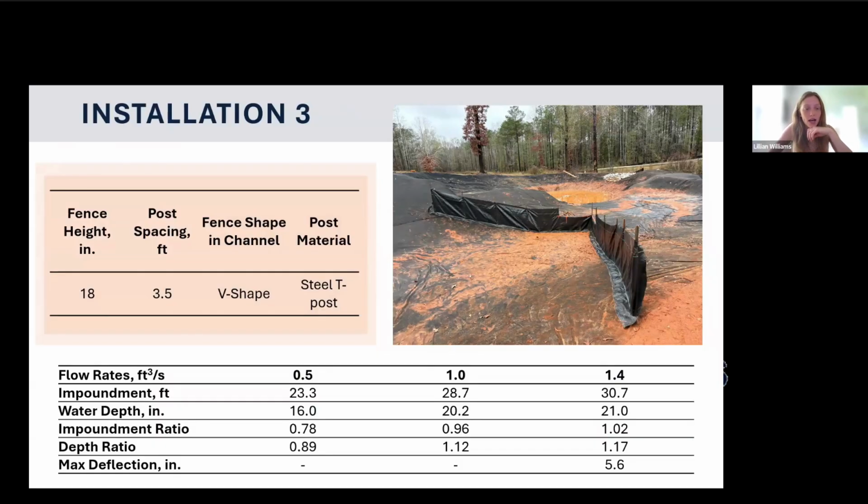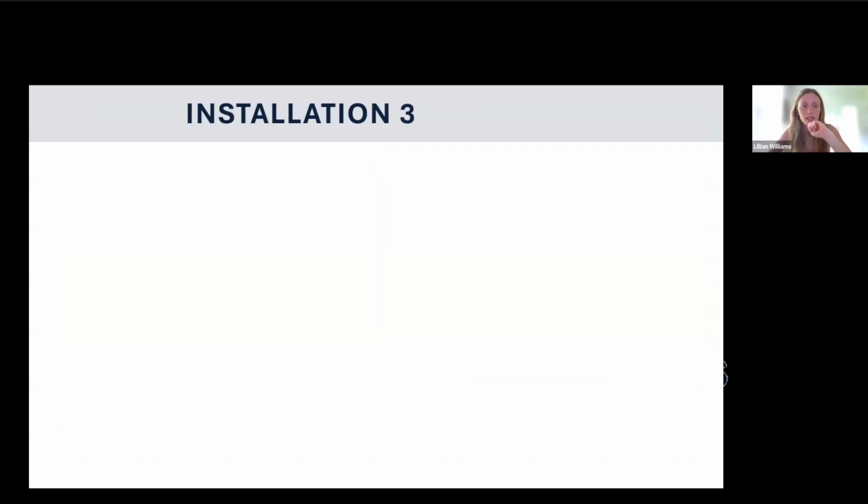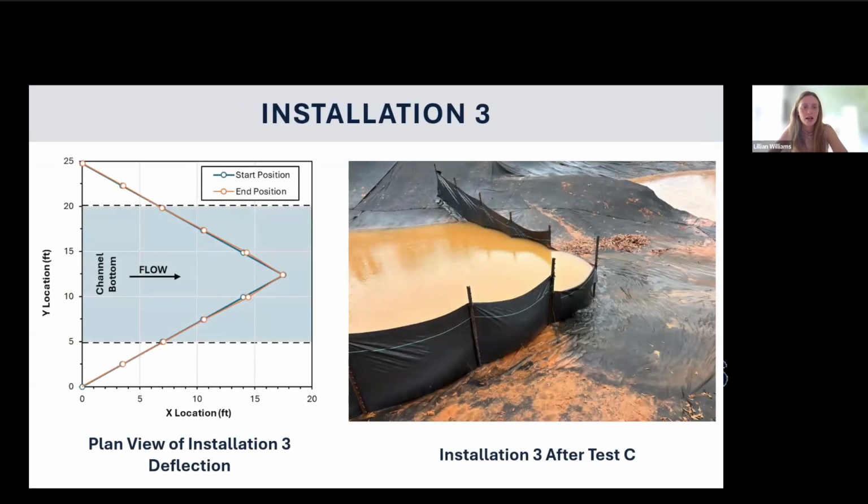So we see that we had the least amount of deflection that we've seen so far, and it exceeded many of the ratios. The actual exceeded the theoretical in quite a few categories. Installation 3 had very minimal deflection, as you can see on the graph, and then this is the picture after the 3rd test.